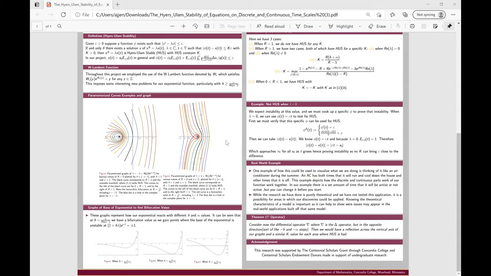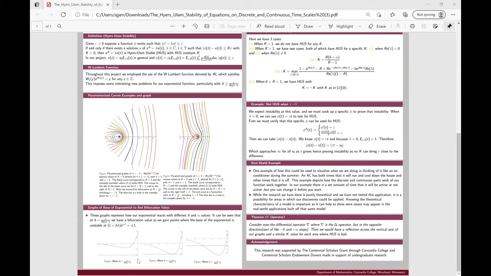And moving on to the base of exponentials to find bifurcation values. On the first graph, we have when h is less than alpha over W sub 0 e to the negative 1, and there we have just one unstable point in the graph.